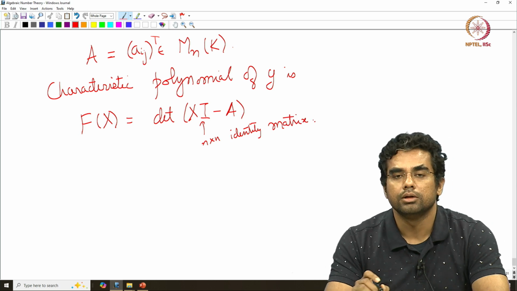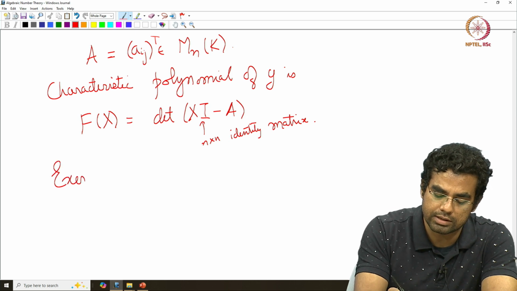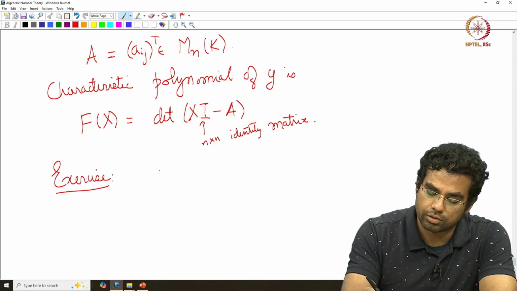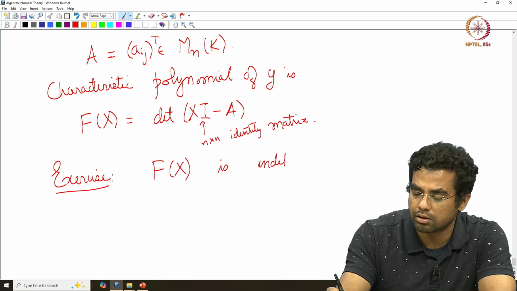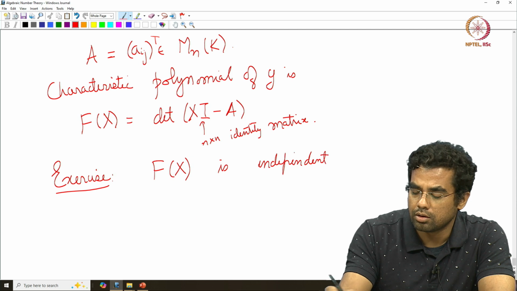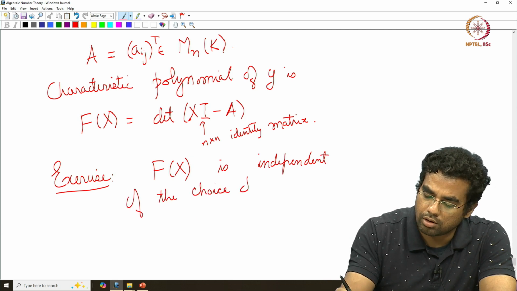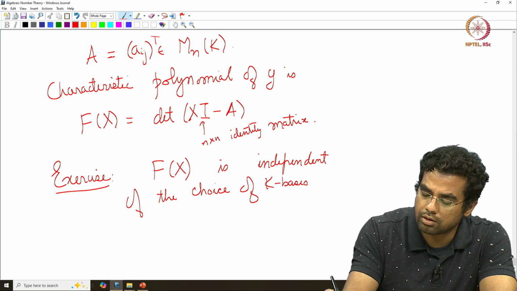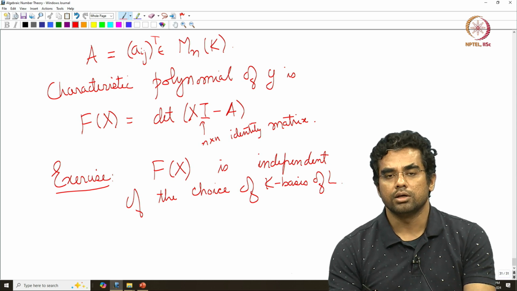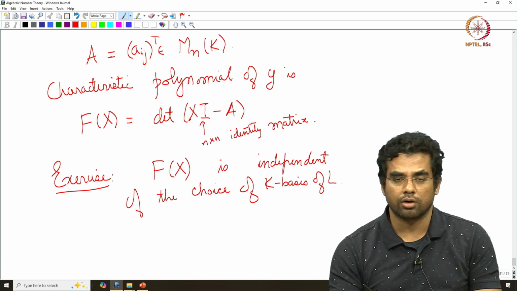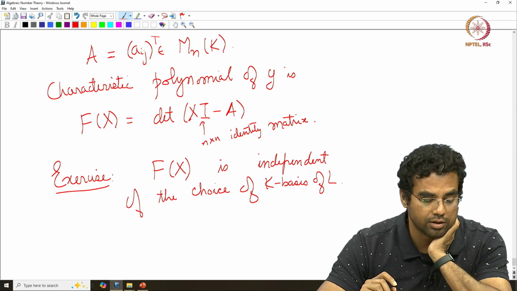And so, this is the usual characteristic polynomial that we see in linear algebra. So, an exercise is that f of x is independent of the choice of K basis of L. This is again something you must have seen in linear algebra, that the characteristic polynomial of a linear map is independent of the matrix representing it or the basis that you have chosen.